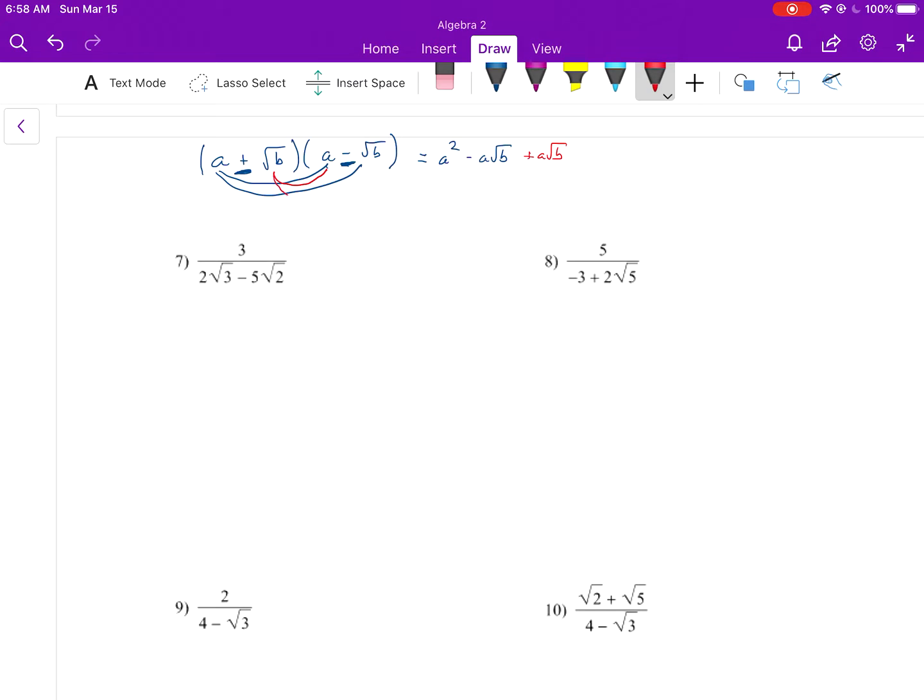And root b times negative root b is minus root b squared, which ends up being a squared. These become 0, minus root b squared, which actually, it's not the important part, but it equals b. The important part is when you multiply a number by its conjugate, you don't have any square roots left.